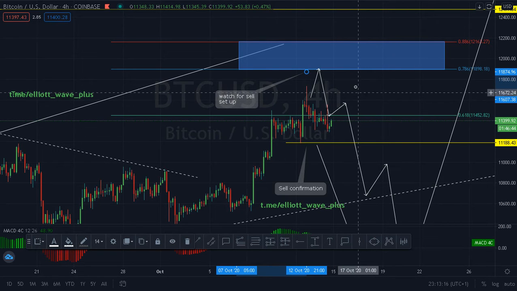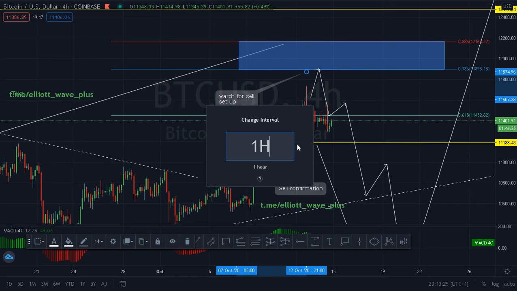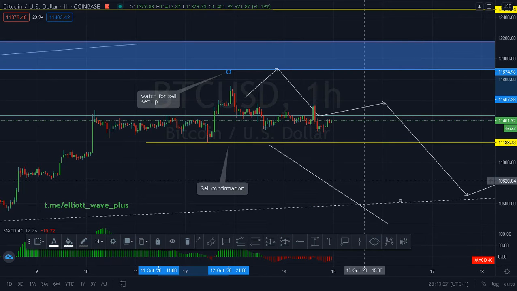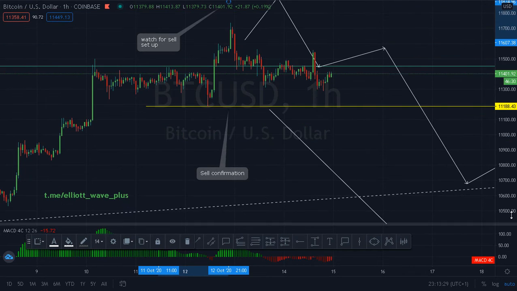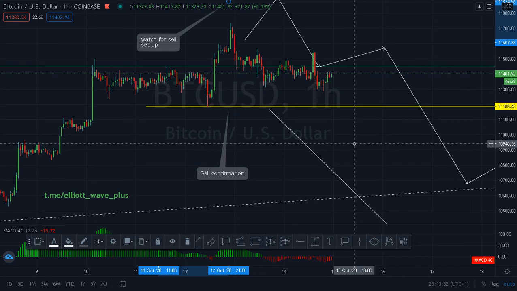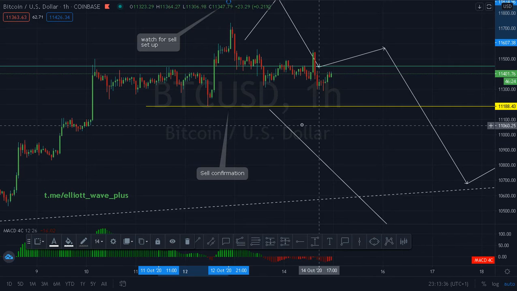So if you want to sell Bitcoin, I suggest you wait for a close below this very line. On 1 hour we don't have much.